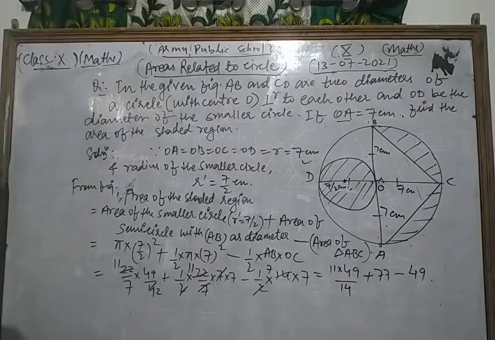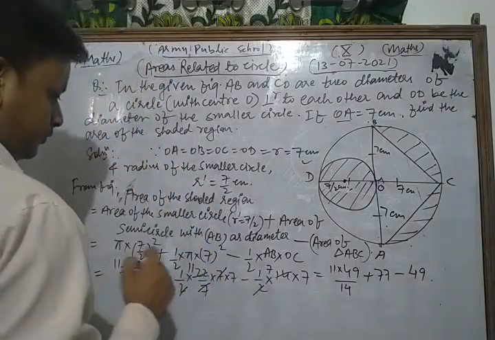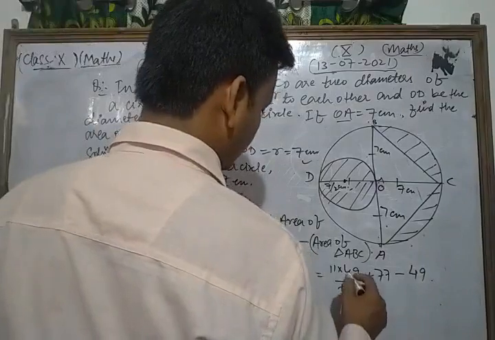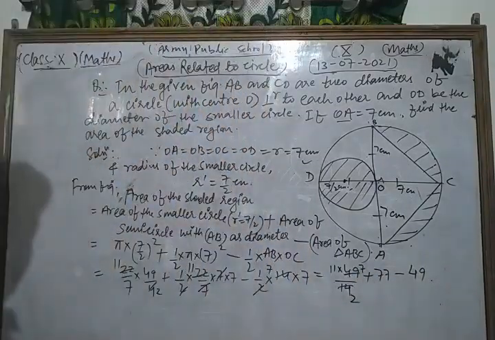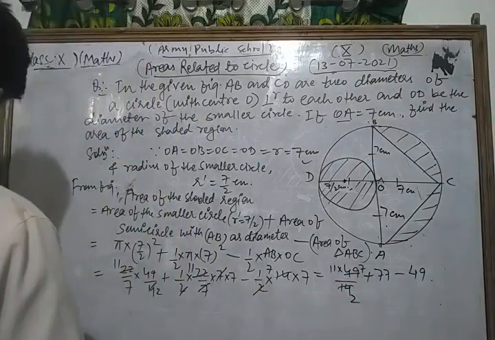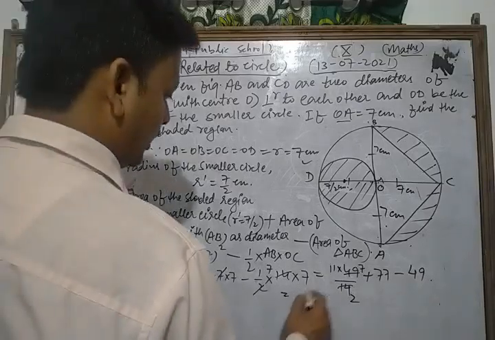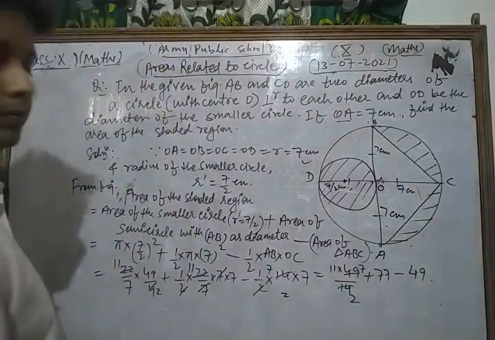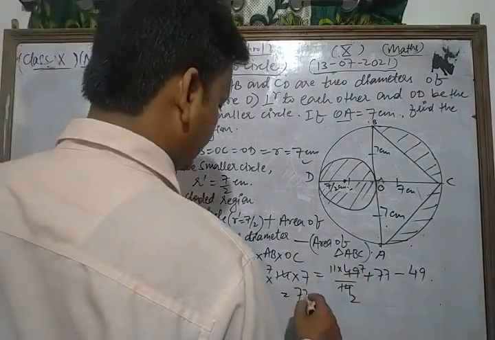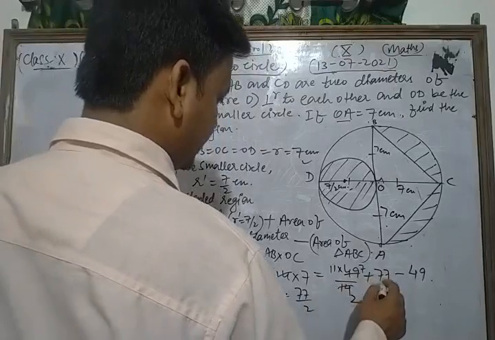What do I do, dear friends, let's see. We simplify them. 7 2s are 7, 7s are 11 7s are 77, so we have 11 7s are 77, 77 upon 2. 77 minus 49.